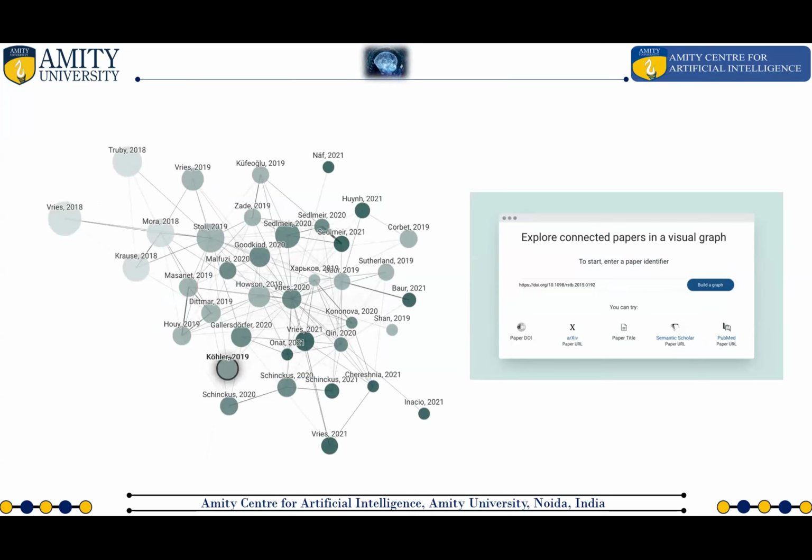We have a whole bunch of papers all at once in the same place, and we do not have to go through Google Scholar every time finding the papers. We can just upload this one document or the DOI of the document in Connected Papers, and it can show you the mapping. Based on that, it can produce the various research papers connected to that topic.